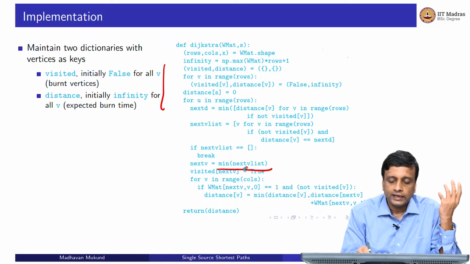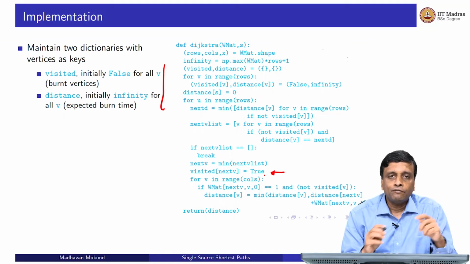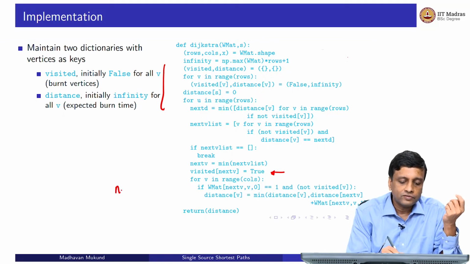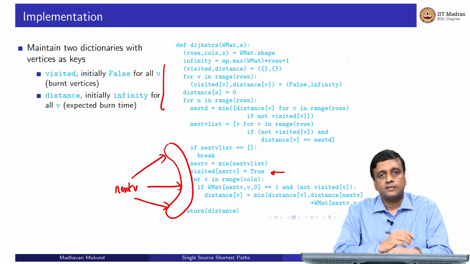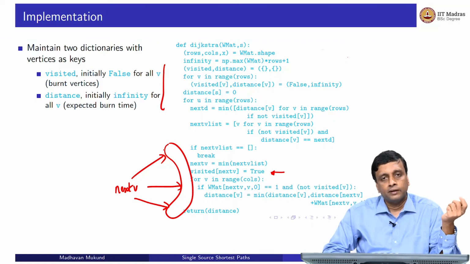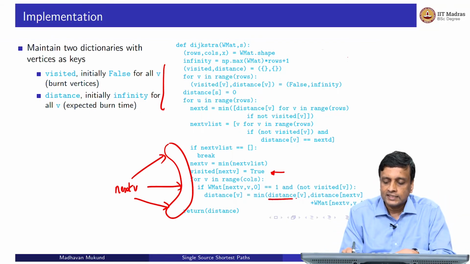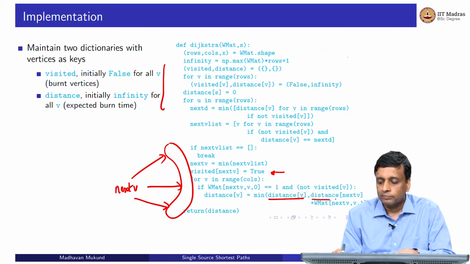So, how do I visit it? I will first set its value to be true, and then I have to take all its outgoing edges. So, I have next V here, and I look at all its outgoing edges and I will update for all these vertices the time that they burn, which is their distance, to be the minimum of their known time, which I already know they are supposed to burn at some point, or the time I will get if I burn it through next V. So, I take the minimum of the existing distance of V and the distance from the new vertex next V plus the edge weight.